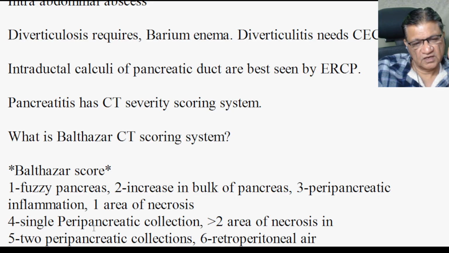Fourth is single peripancreatic collection or two or more areas of necrosis seen. Fifth one is two peripancreatic collections. And sixth is retroperitoneal air. So pancreatitis, go for CT scan, CECT with scoring system.